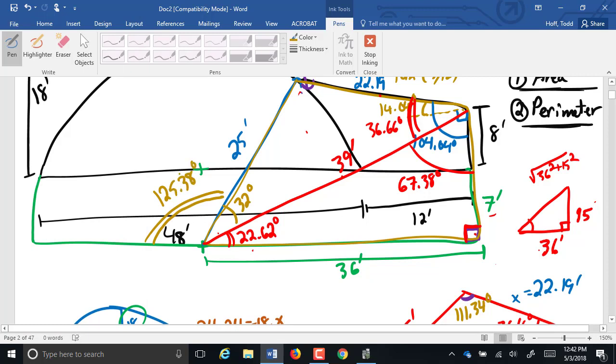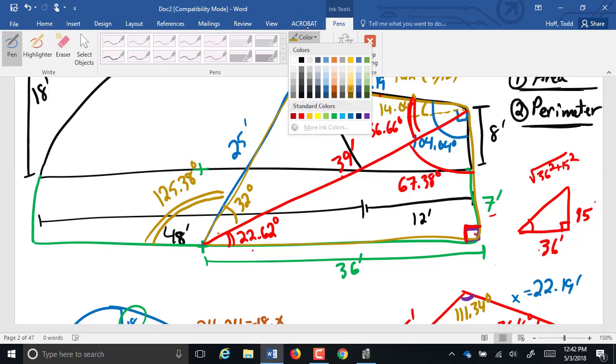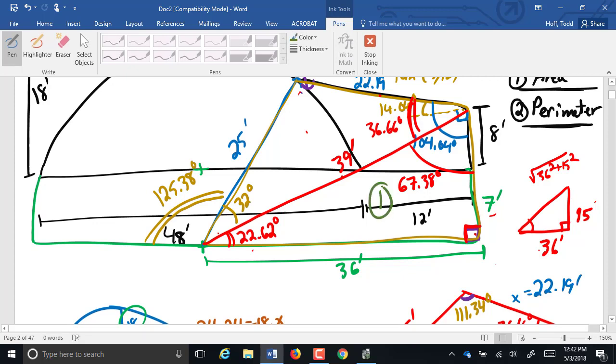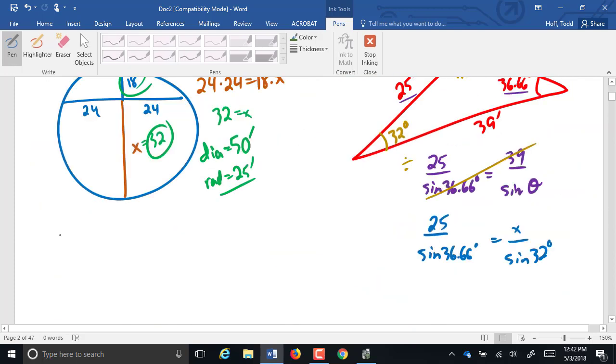Now we have everything we need to know to find the area of this. We're going to call this piece 1. How do I find that area? It'll be 36 by 15, right? That's just this triangle. So piece 1, 36 by 15, what do we have to do that? Divide by 2 because it is a triangle. What is that, 270?